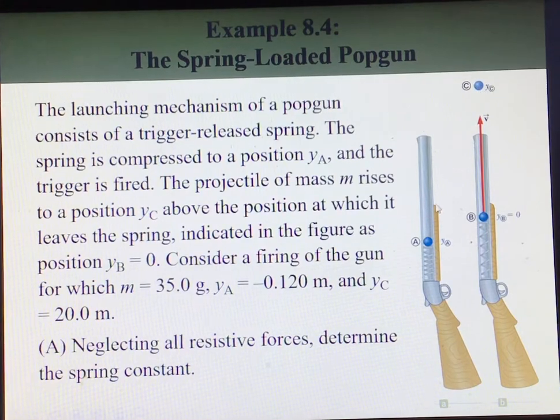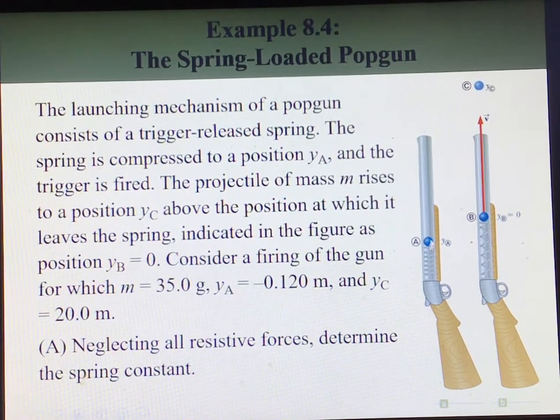We need to notice that at point A, the kinetic energy is 0 because it's at rest. And then at point C, the kinetic energy is equal to 0 because at maximum height, the velocity is also 0.